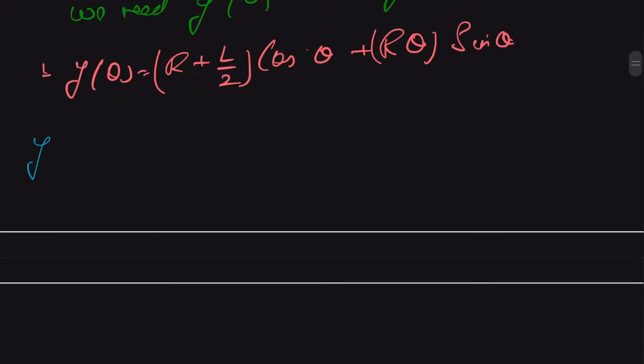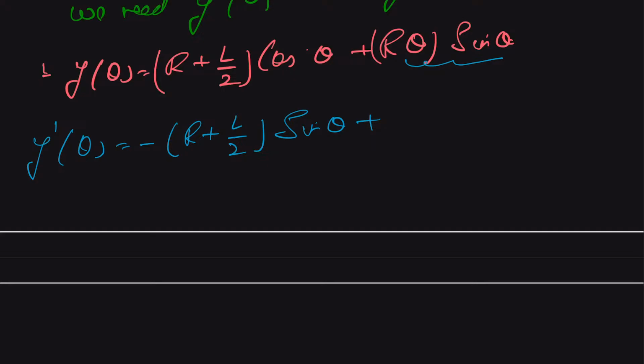Its first derivative will be, since cos gives minus sine, L by 2 sine of theta, and here we can use the product rule with r taken as common.